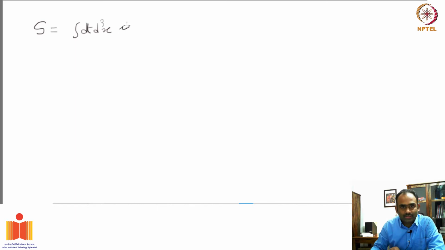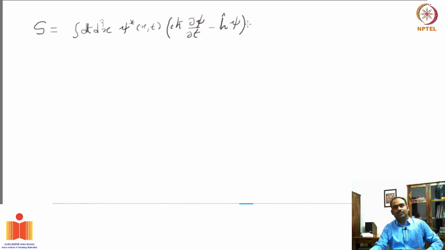Okay, and then you have a psi star, minus h hat psi. Okay, and if you take this action and write down the Euler-Lagrange equations, you will get the Schrodinger equation.